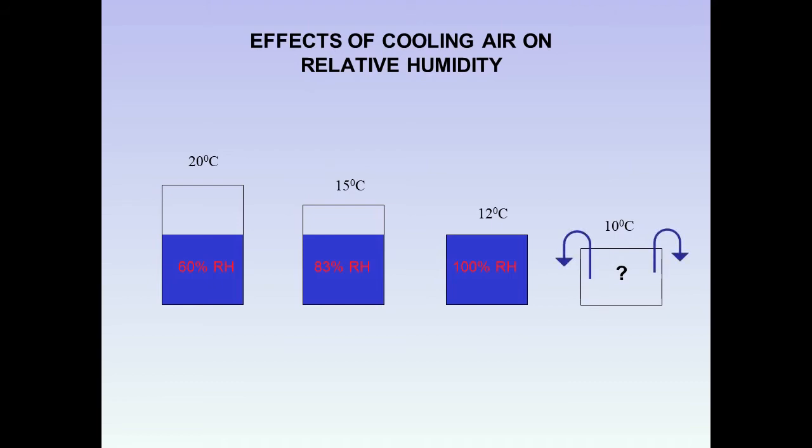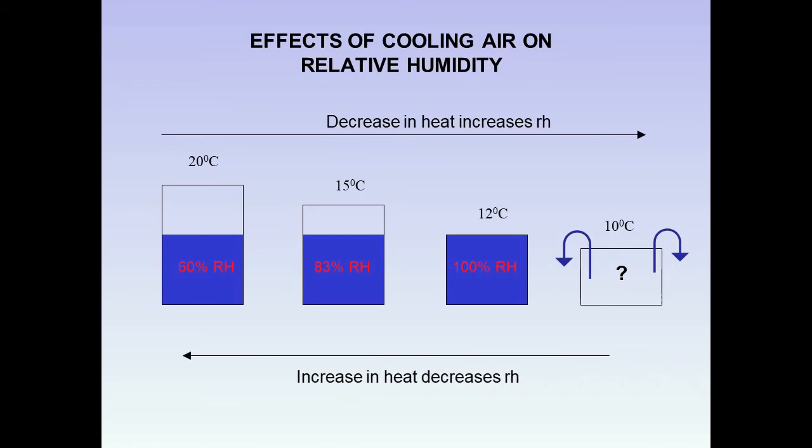We're going to get overflow, and basically at that temperature the air can no longer retain the water vapour in it, and it comes out. That is where we get condensation. And indeed, a decrease in heat increases the relative humidity, not the amount of water but the proportion. Similarly, an increase in heat decreases the relative humidity.